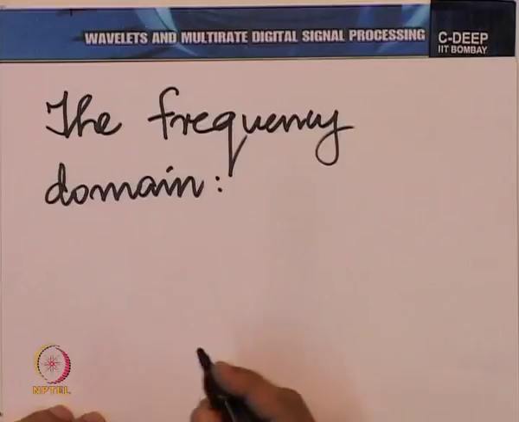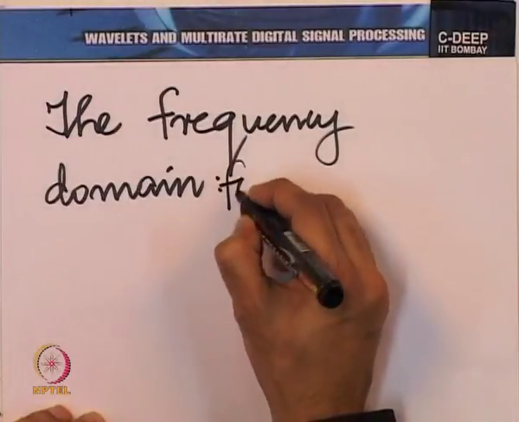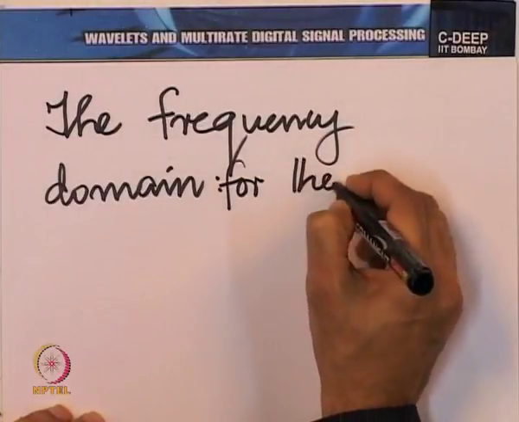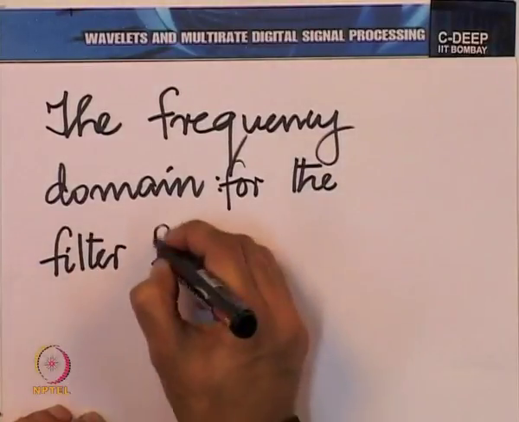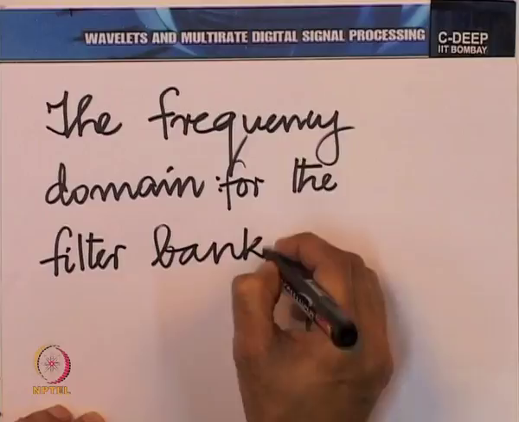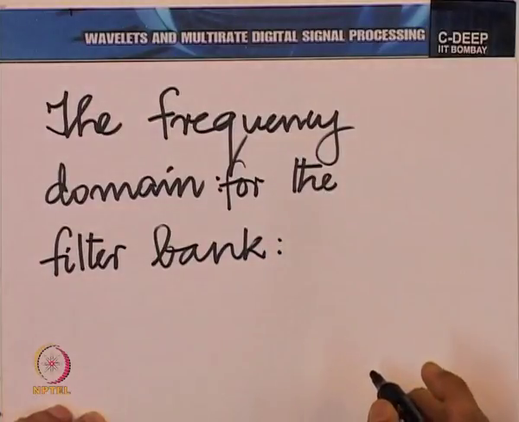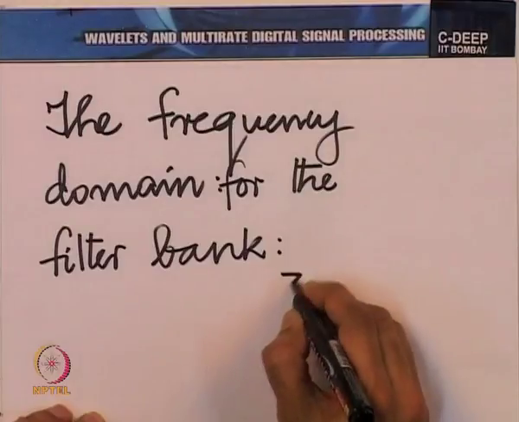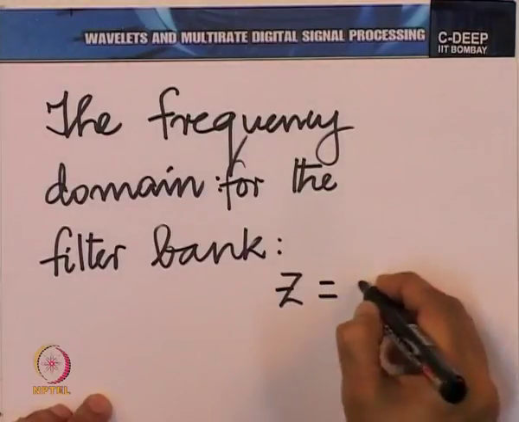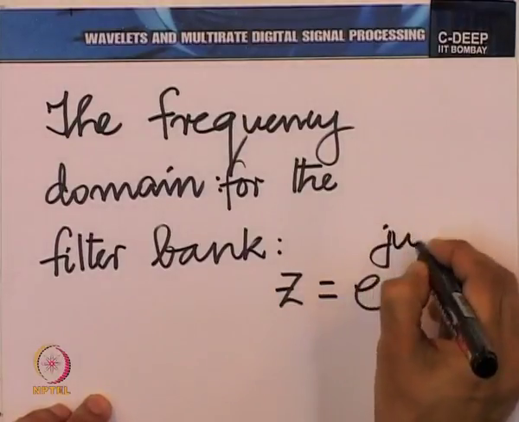First, we shall look at the frequency domain for the filter bank. And how would we do that? We would do that by substituting z equal to e raised to the power j omega.